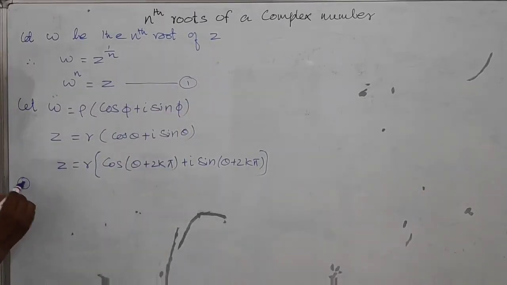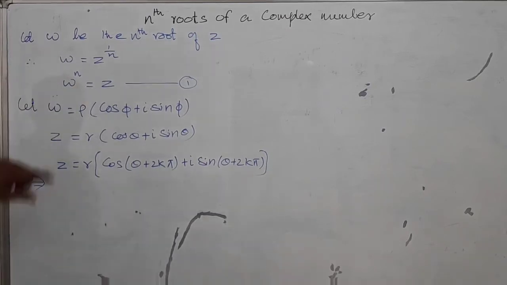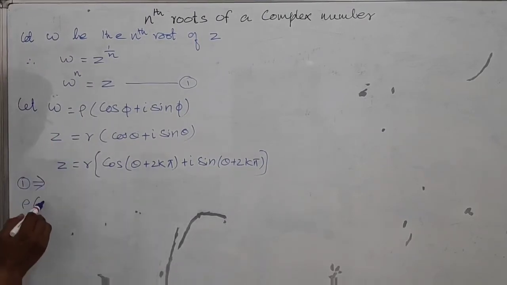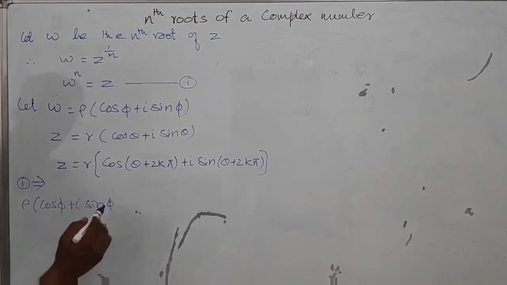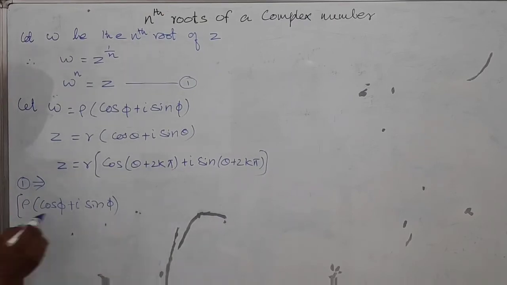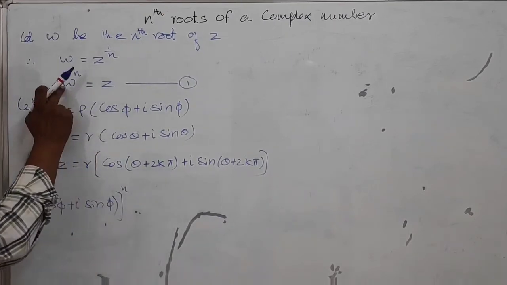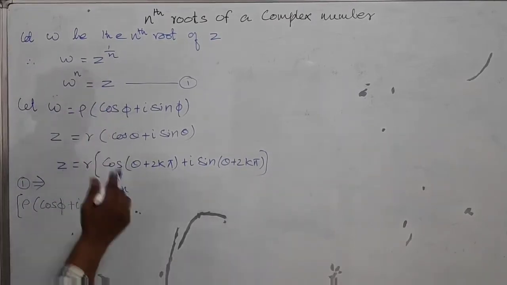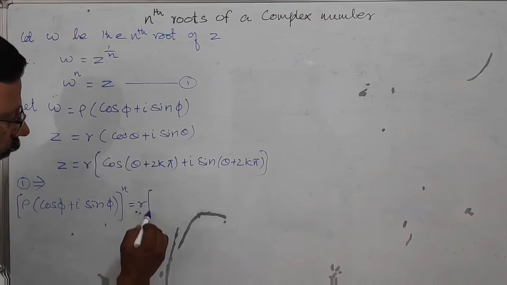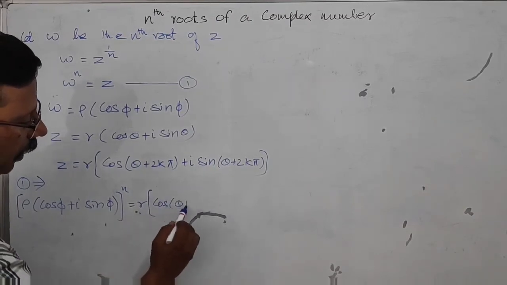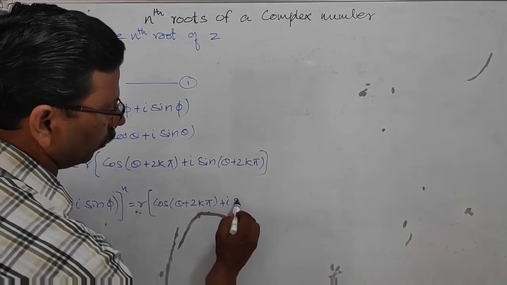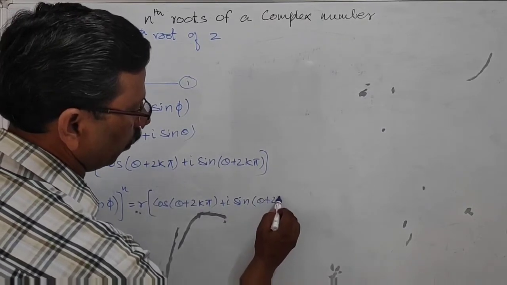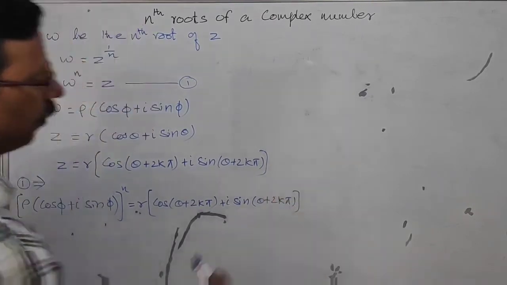Now we write equation number 1 as: left hand side omega power n, that is rho into cos phi plus i sin phi whole power n, which is equal to z, that is r into cos of theta plus 2k pi plus i sin of theta plus 2k pi.